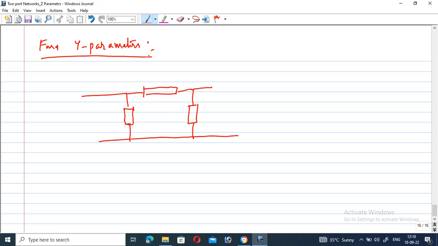So let us consider the current directions for the circuit diagram. These are the voltages V1 at port 1 and V2 at port 2, as well as the current directions: I1, I4, I3, I5, I2, right?